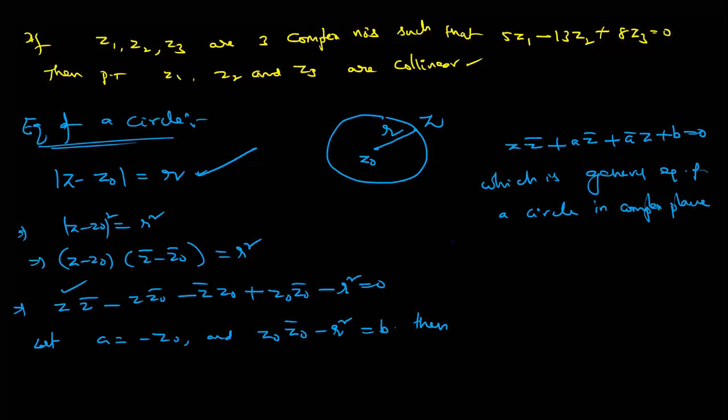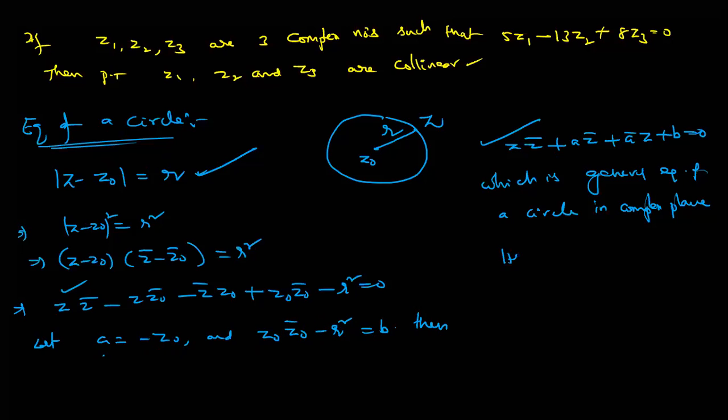Fine. Dear students, please remember this one. This one represents the equation of a circle. Center means Z0, radius means R. Clear? But in this case, what is the center? Minus A. What is the radius? In terms of A, A bar minus B under root.